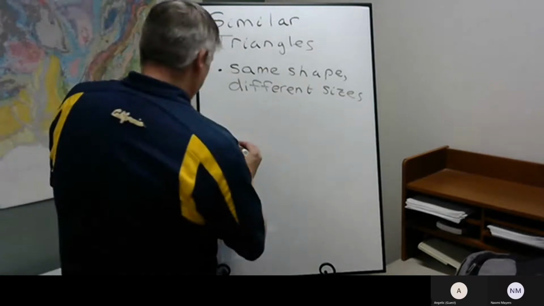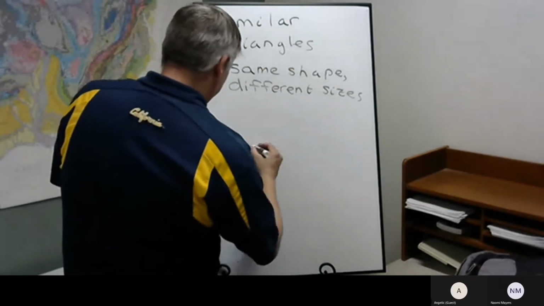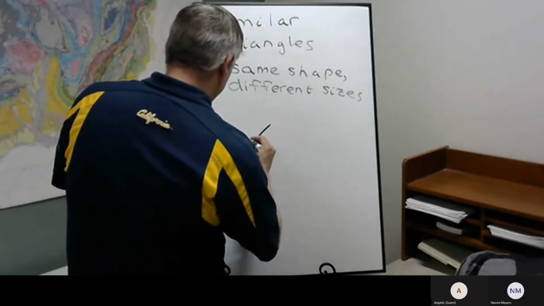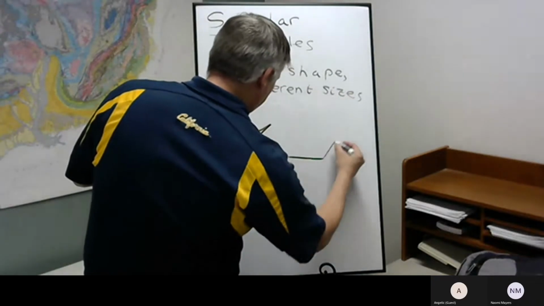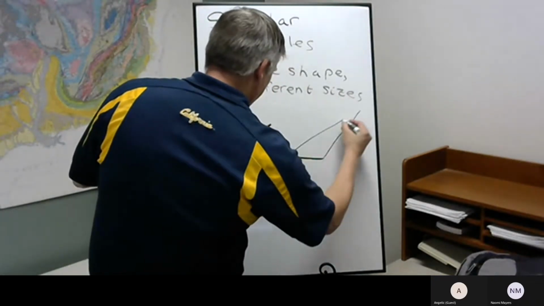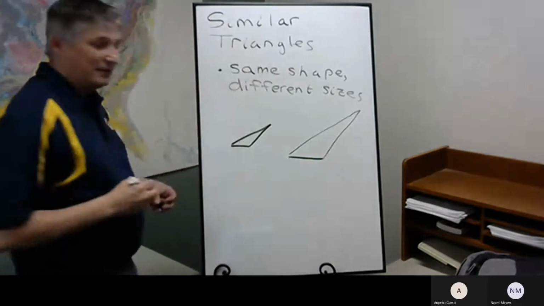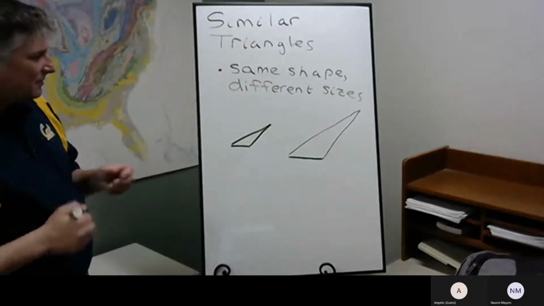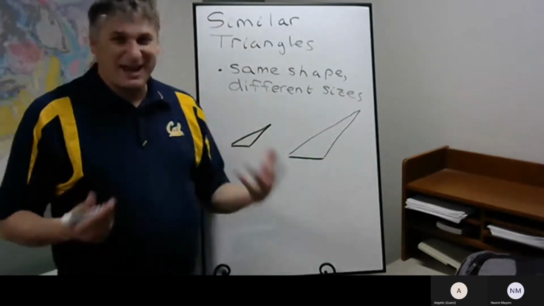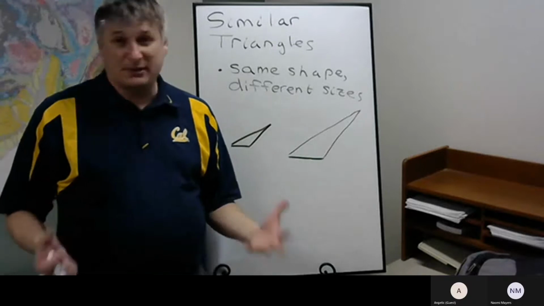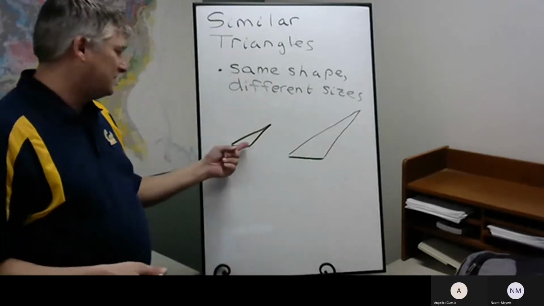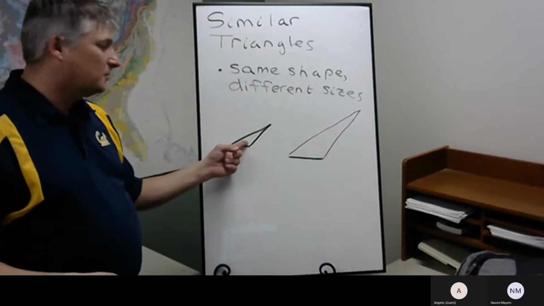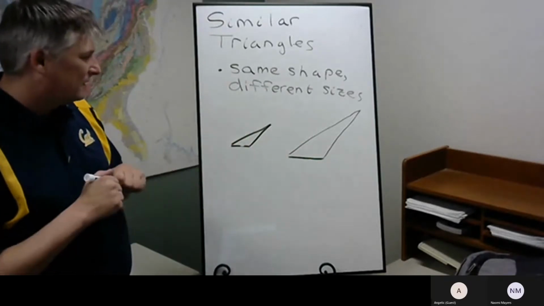So let's say we have a triangle like this. Another one like this. So let's say we have the exact same type of triangle, except they're different sizes. So if you shrunk this triangle, you would get this one.